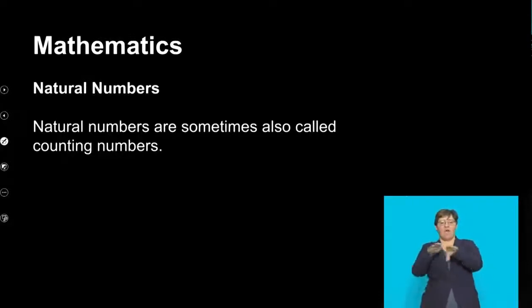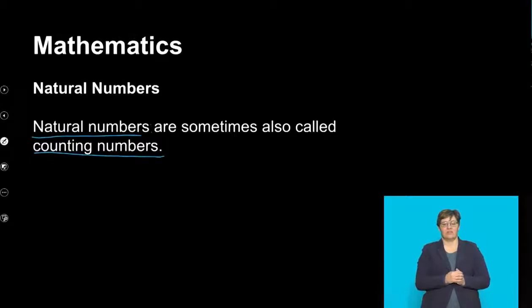So the very first one is natural numbers. Natural numbers are the very first type of number we can talk about. These are sometimes also called the counting numbers. Now here I want you to think about this. When you are counting, what exactly are you doing?